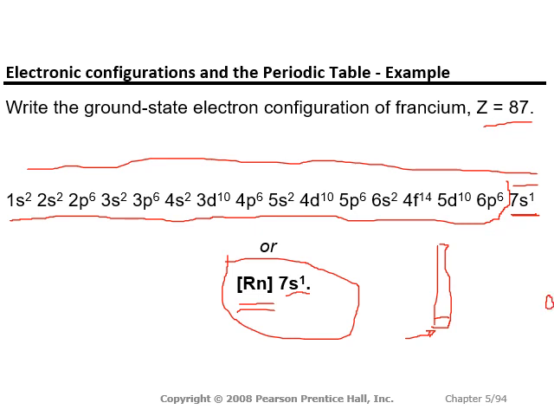So it would be one row up at the very end on the right hand side in the 8th column. So this would be radon.